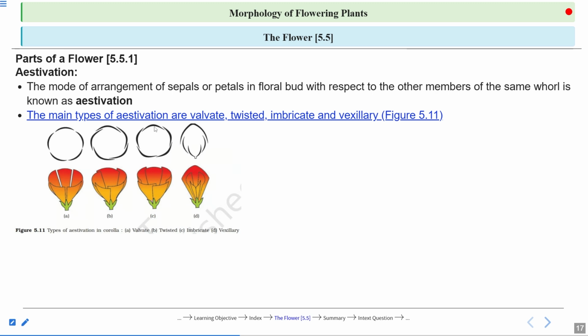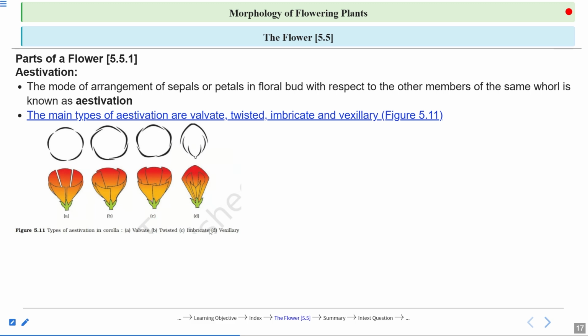But see here, this one becomes down at both ends, and this becomes upward, this becomes down, and this becomes upward at both ends, right? So there is not any definite pattern in the case of imbricate estivation. These two have a definite pattern, but this one does not have any definite pattern.